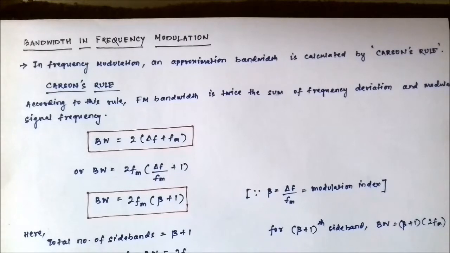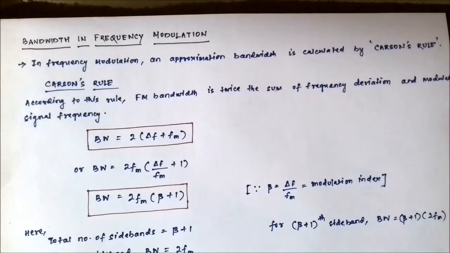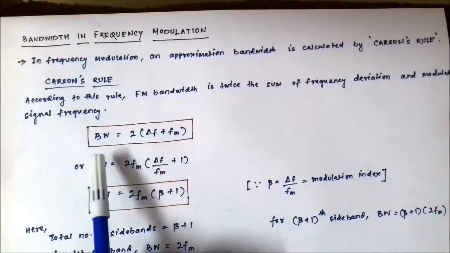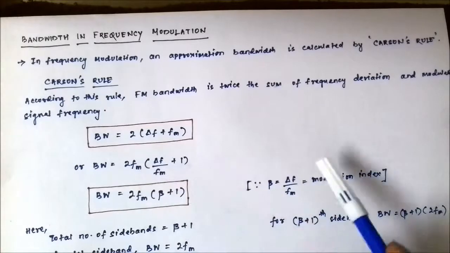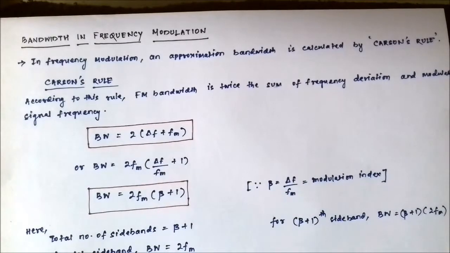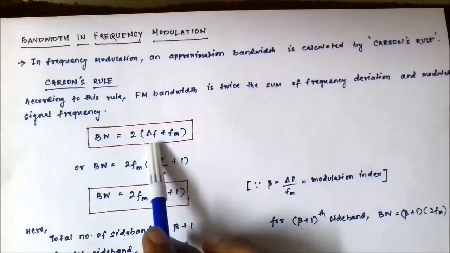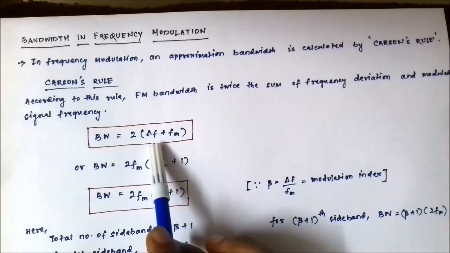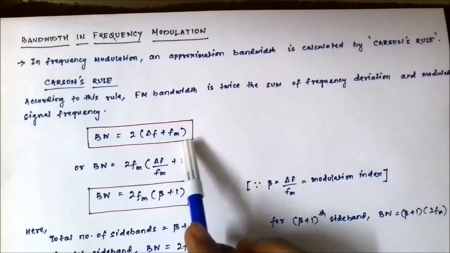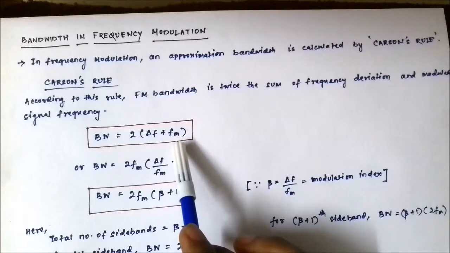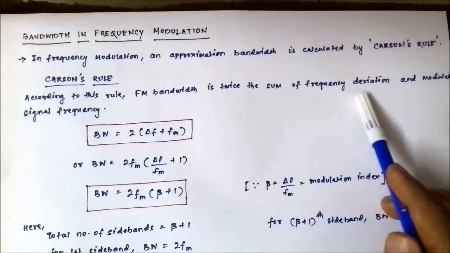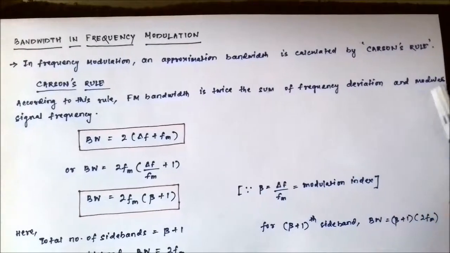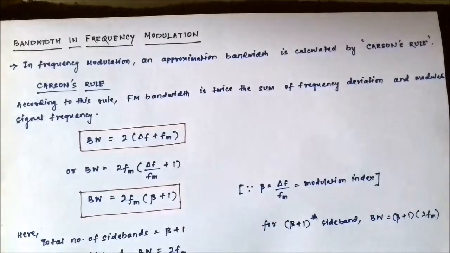So what is the formula for bandwidth? Now, as per Carson's rule, the bandwidth in frequency modulation is twice the sum of the frequency deviation delta f plus the modulating or message signal frequency fm. Okay, it is twice the sum of the frequency deviation and the modulating signal frequency.